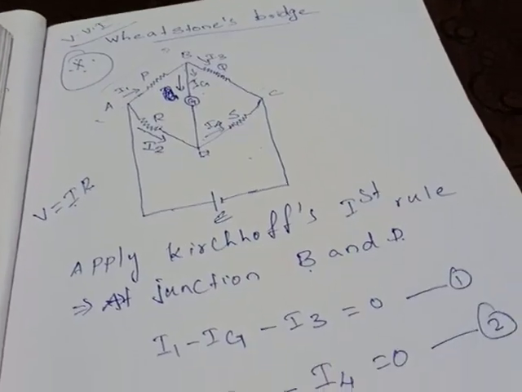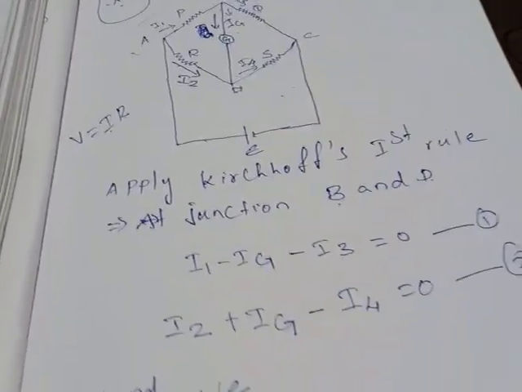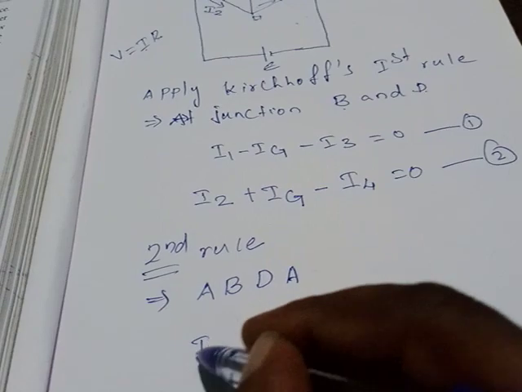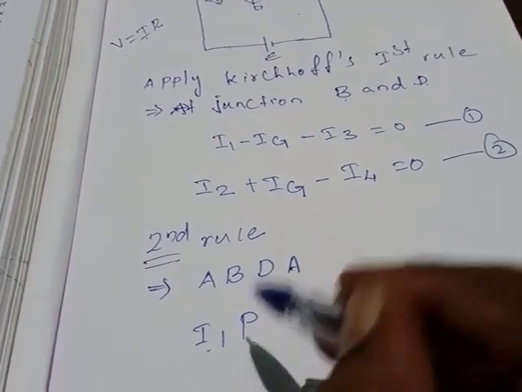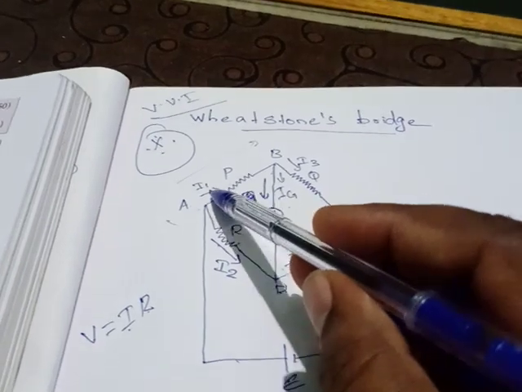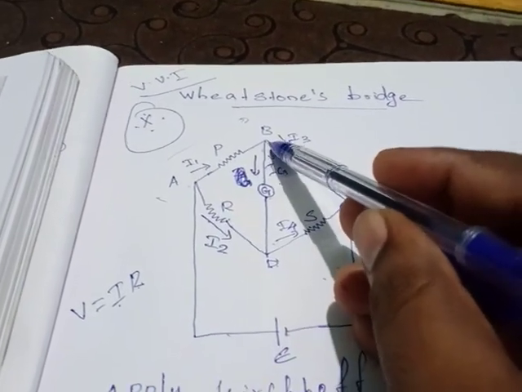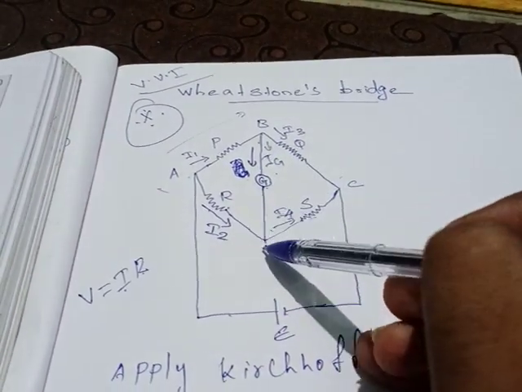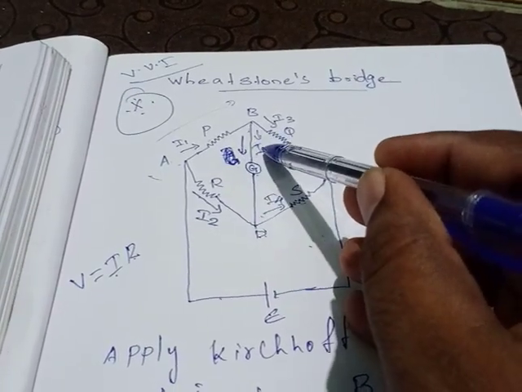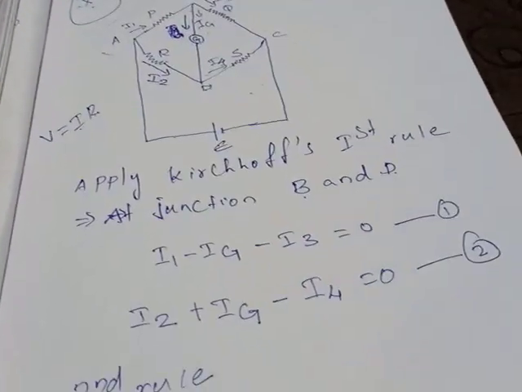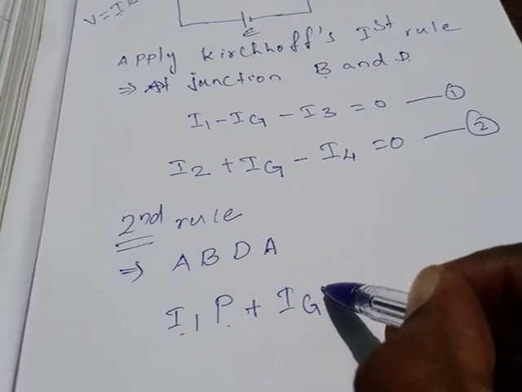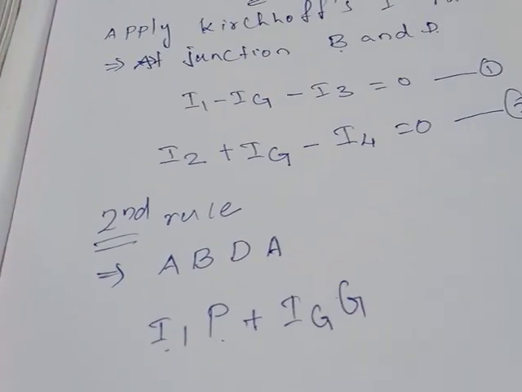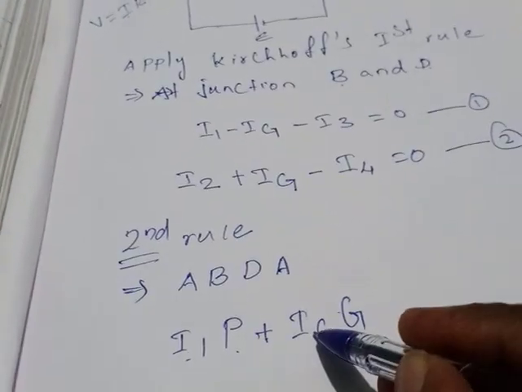First you have to take V is equal to IR format: I1P. I1 is the current, P is the resistance. This direction, no? Then this direction. So current is Ig, resistance is G. So again plus IgG. This is also V is equal to IR format.